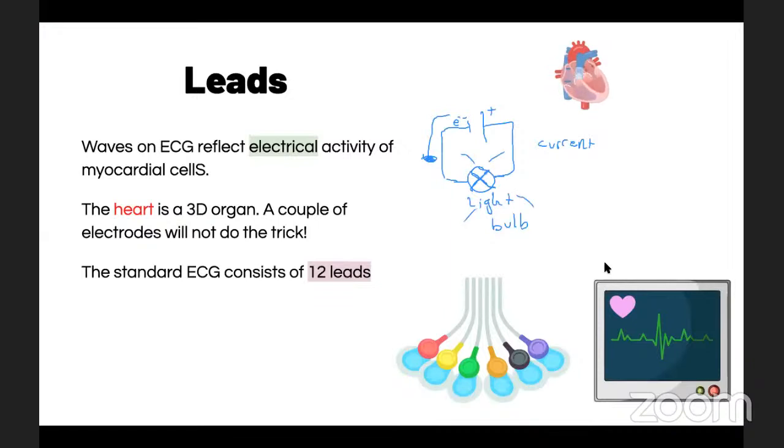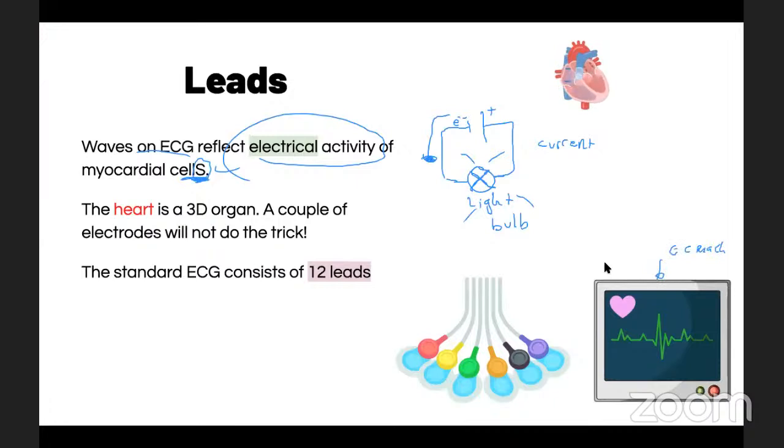Same thing with the heart. The waves on an ECG reflect electrical activity of the myocardial cells. Look, I've emphasized the S here so that you know that the ECG we're talking about right now, this graph, is the whole heart. So this ECG machine will act as a voltmeter.